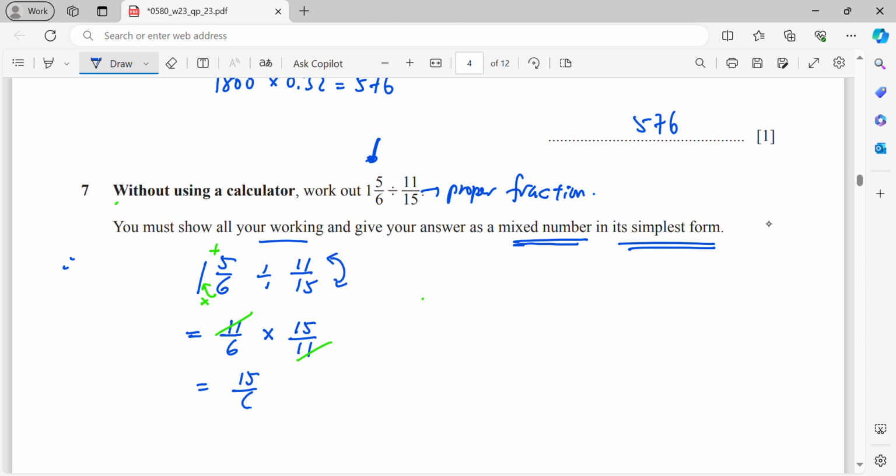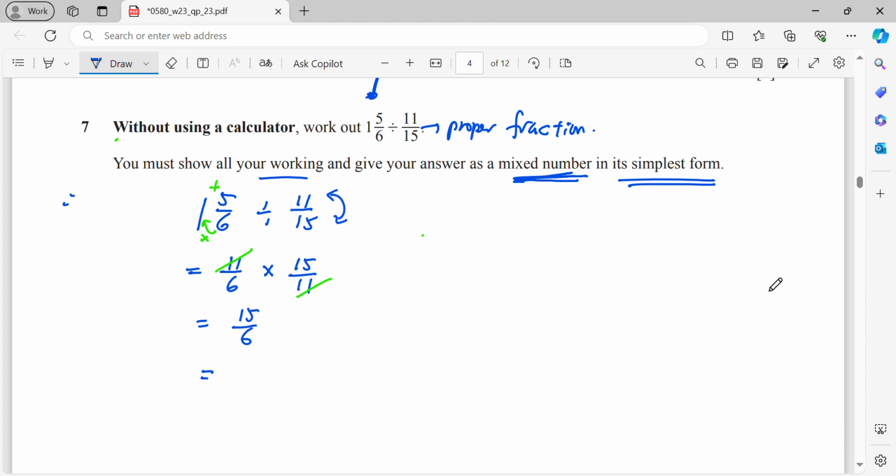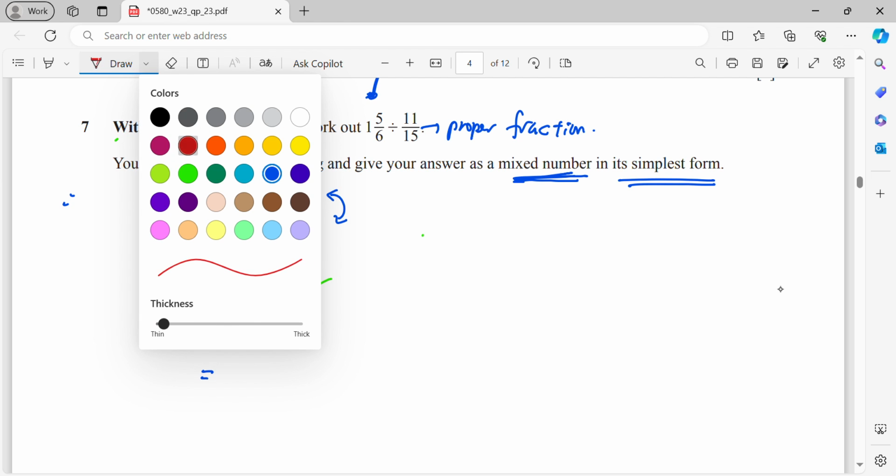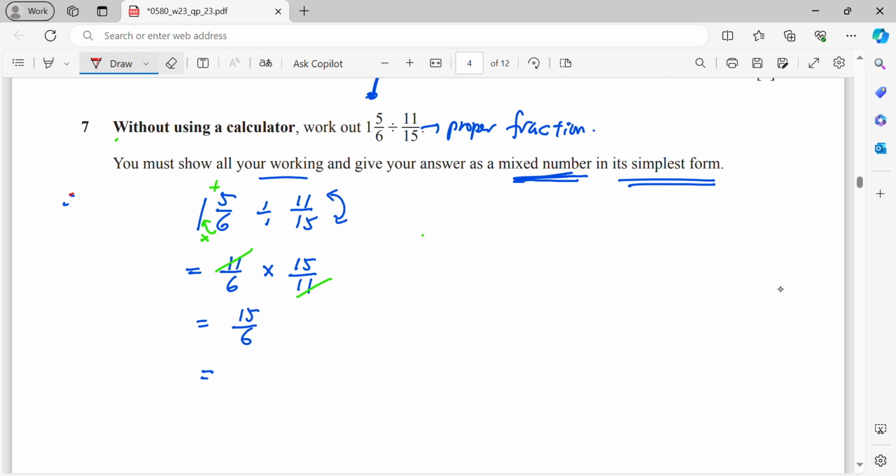Now this is not a mixed number, and we need a mixed number. Now 15 over 6, you can further simplify. So in the previous step I should continue. Divide by 3. So 6 divided by 3 is 2, 15 divided by 3 is 5.